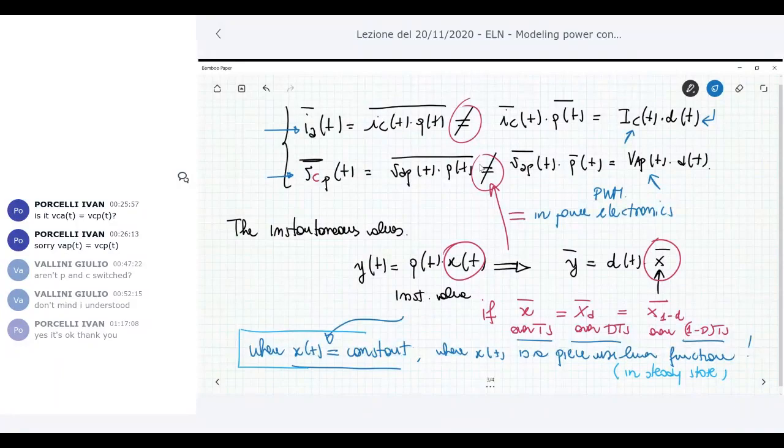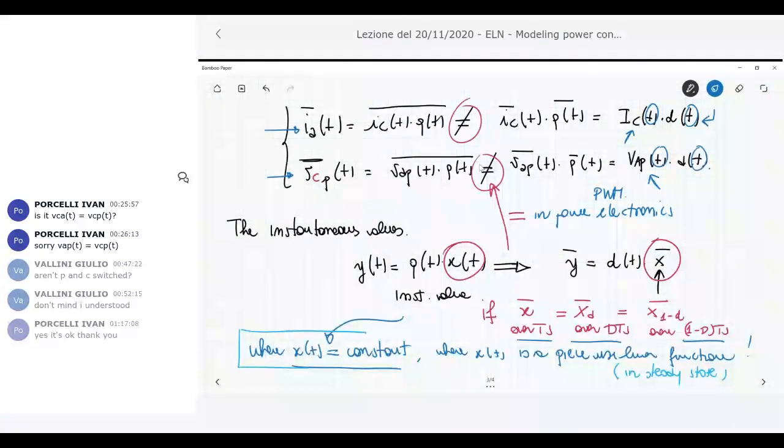Okay, I just included here the time variable because this duty cycle, since we are in a dynamic situation, is not fixed, it changes. So this is a moving average, something that you can have for each time window that lasts for TS. So it changes with the time, of course.